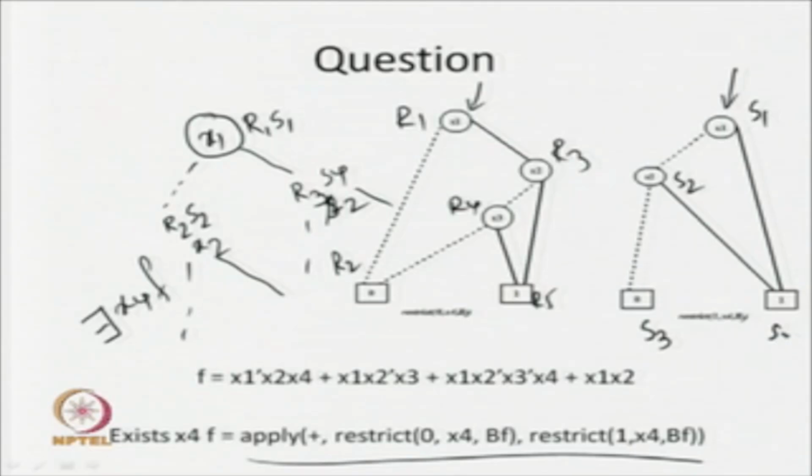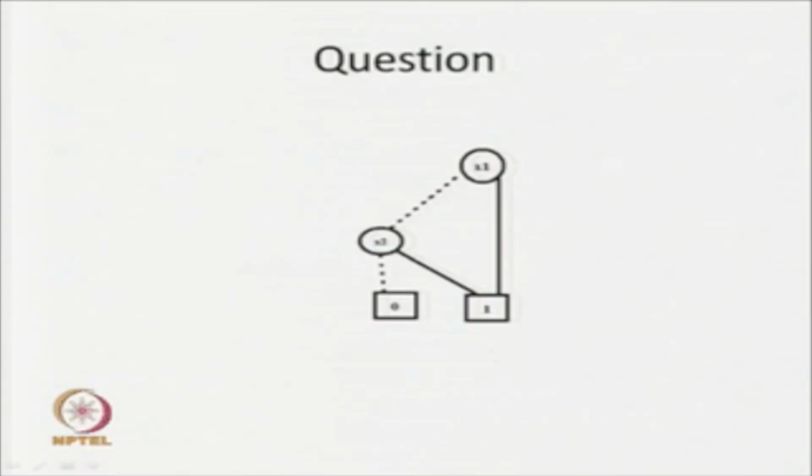Now, after that apply the reduce algorithm to get the ROBDD of this particular there exists x4 f. Now, what will the structure look like? So, you can find that eventually I will get this particular ROBDD.